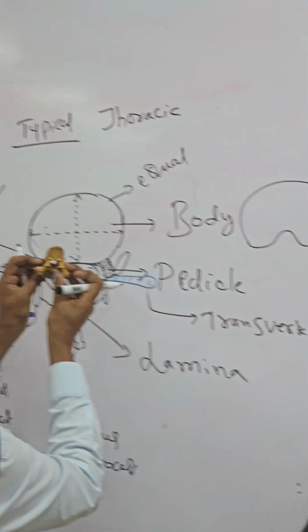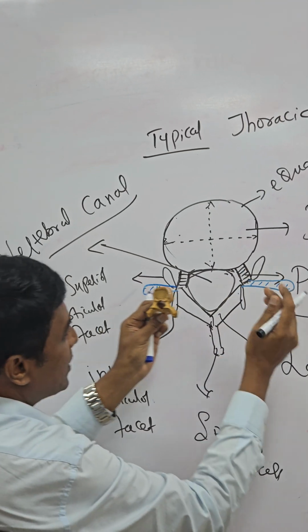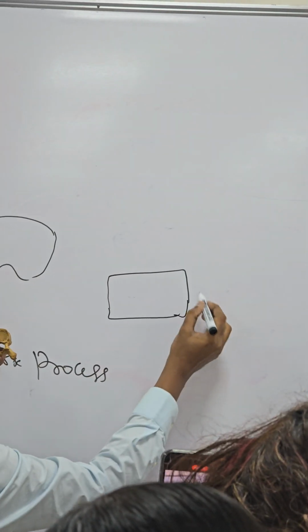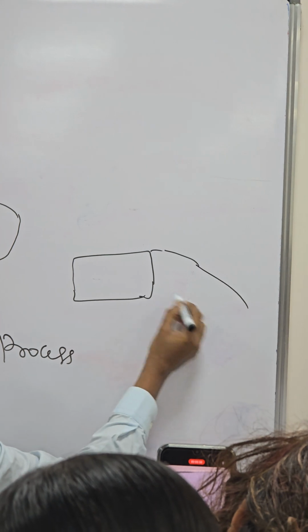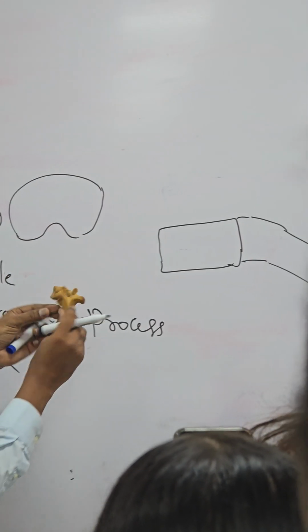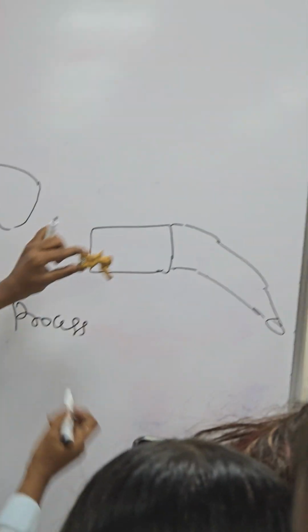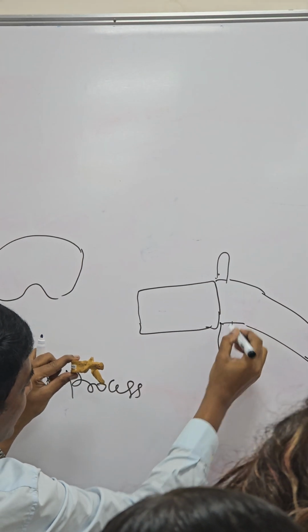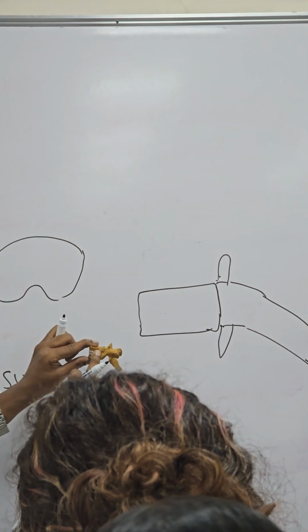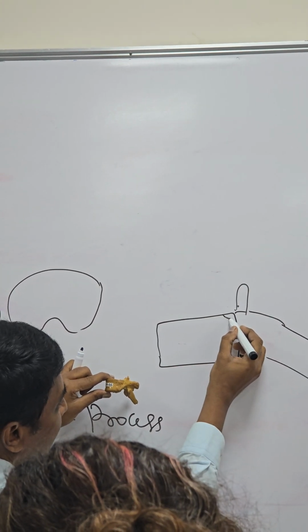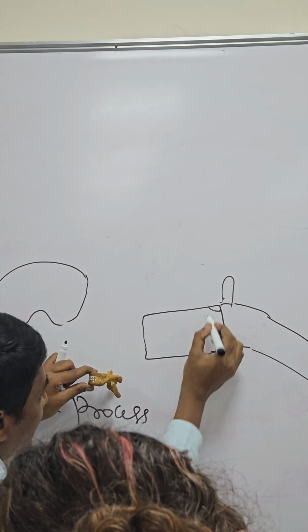When you are holding it in anatomical position, you can see the lateral aspect, where I am going to draw the body in the lateral aspect like this. These are the spinous processes. This is how exactly it looks. On the lateral aspect, this is the superior articular facet, this is the inferior articular facet. Now, on the body, you are going to observe two important facets, here one and here one.